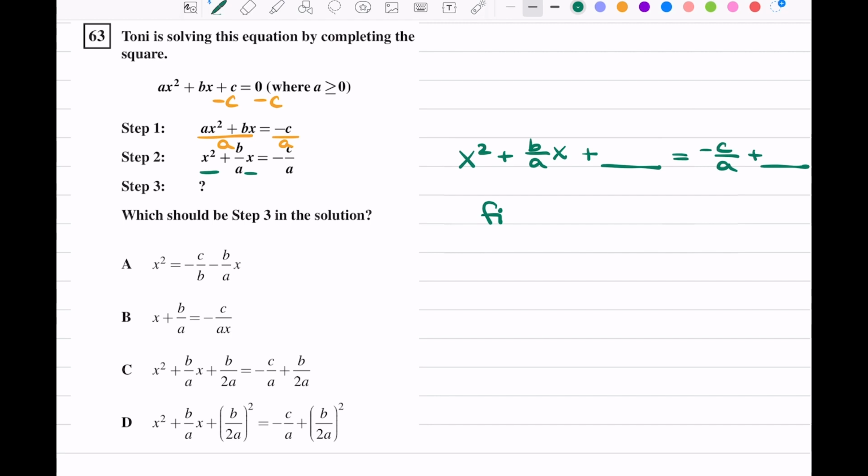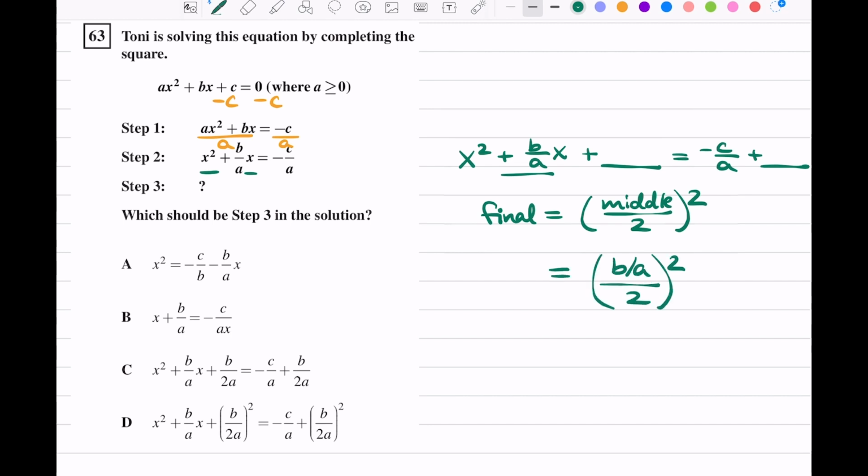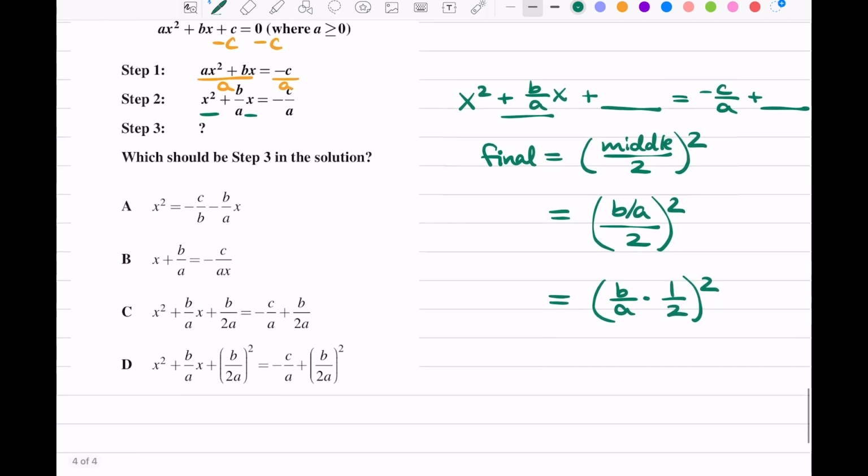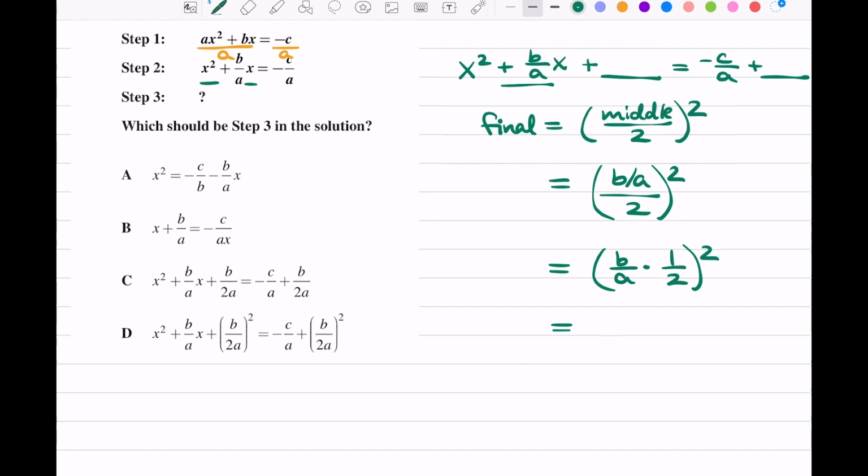And we have our formula for finding the final term. Our middle term is positive b over a. Dividing by 2 is the same as multiplying by 1/2. So we'll have b over a times 1/2. Now we have 2 fractions. We'll multiply across. B times 1 is b, and a times 2 gives us 2a.